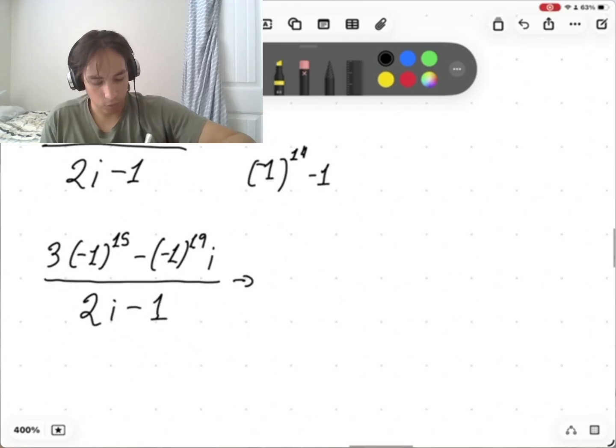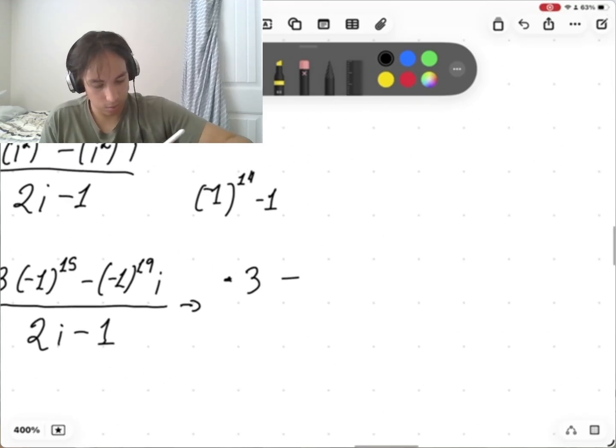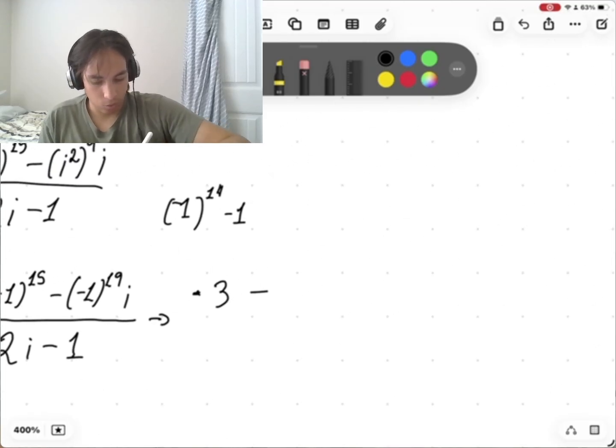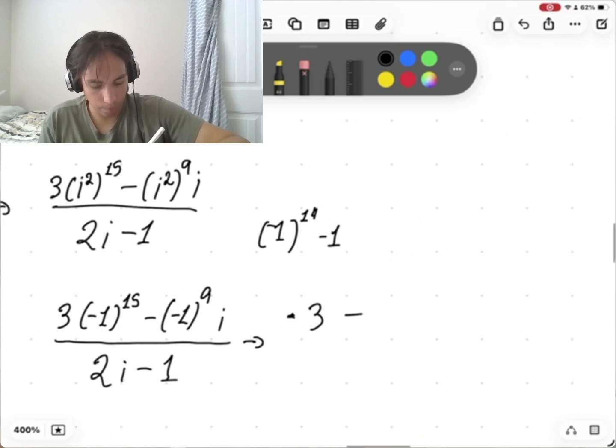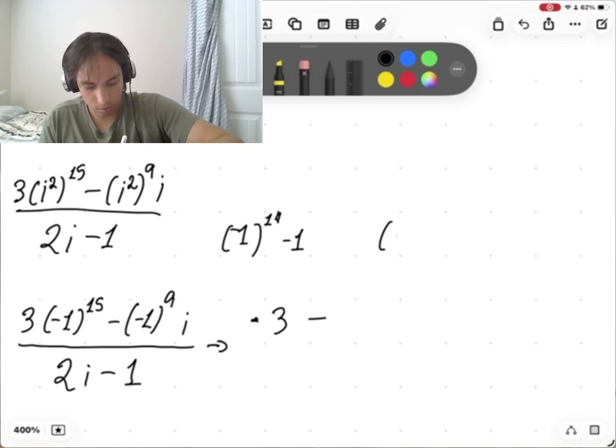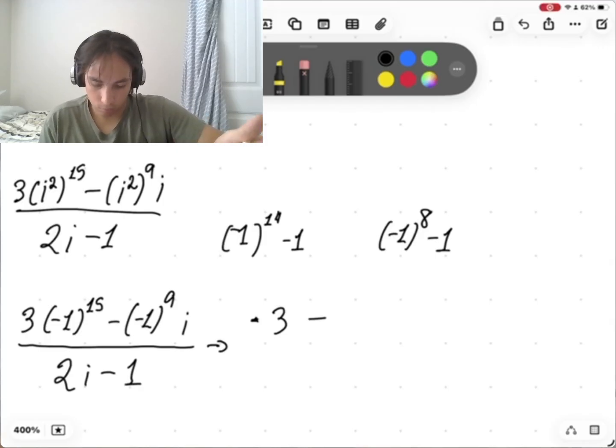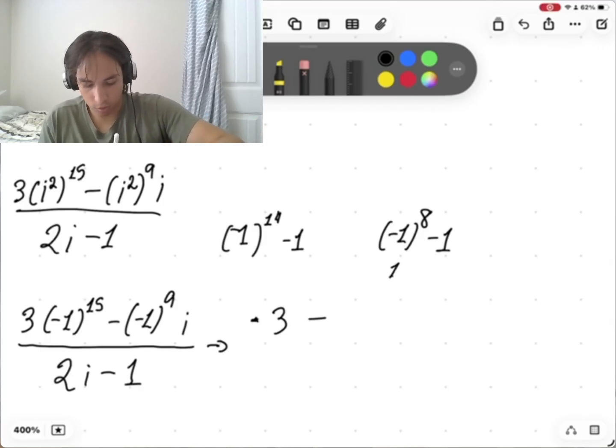So this becomes a -3, minus. Oh, hold on. It was the 9th, not the 19th. We can do it once again and say -1 to the 8th times -1, and this becomes 1 times -1.